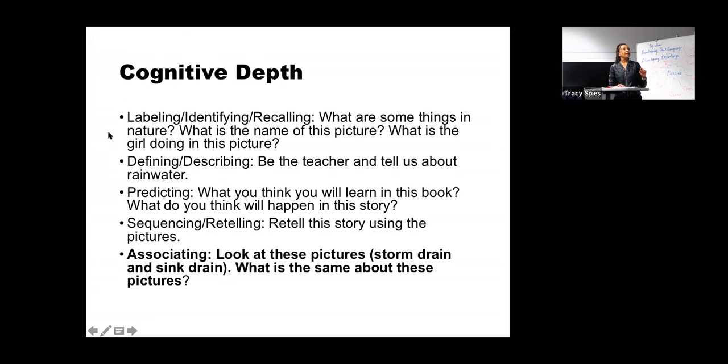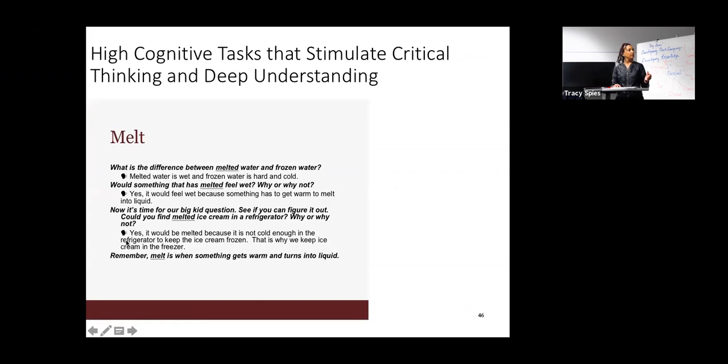So we include questions at the lower cognitive level. What is this? Who remembers what? Recalling, identifying, labeling. But on day 2, we're here. This is the same as Bloom's taxonomy.